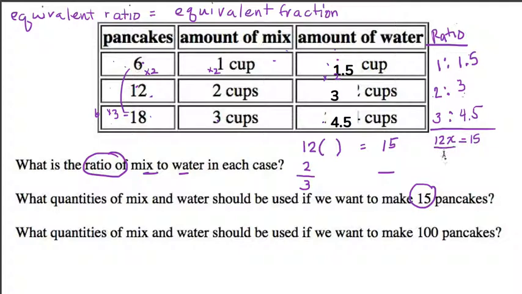So divided by 12, divided by 12, x is equal to 1 point what? x is equal to 1.25. Okay, so that is the factor. 12 times 1.25 gives us 15.